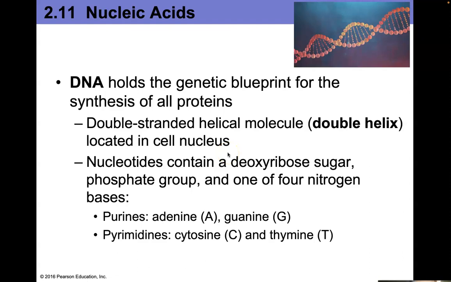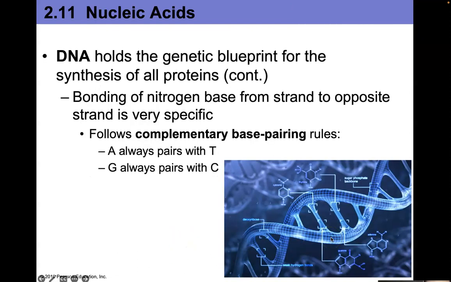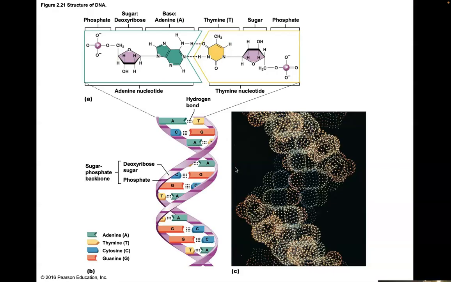We'll get to that in more of the cell chapter, okay, coming up here. So again, DNA is a double helix, and it's going to contain your adenine, guanine, cytosine, thymine, okay? And again, you have that complementary base pairing of adenine with thymine, guanine with cytosine. This is a little more involved than we really probably need to know, but again, it just gets you back to the basics, just to remind you.